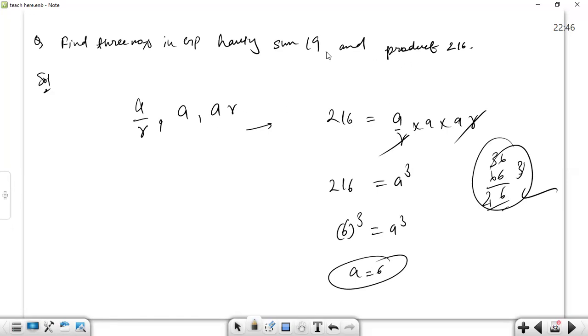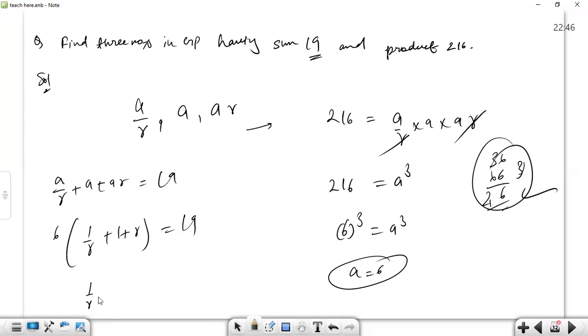If a is 6, there's also one more thing given, that the sum of all is 19. We know that a is 6, so we can take 6 common: 6 times (1 by r plus 1 plus r) is equal to 19, so 1 plus 1 by r plus r equals 19 by 6.